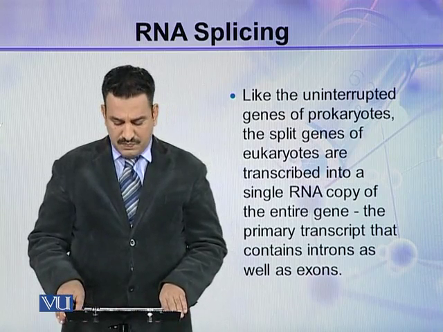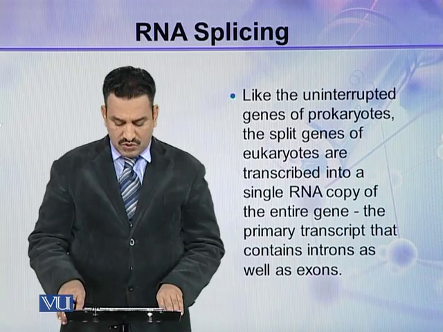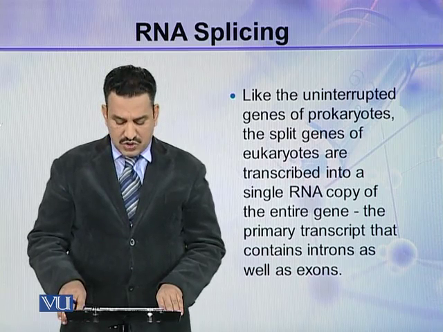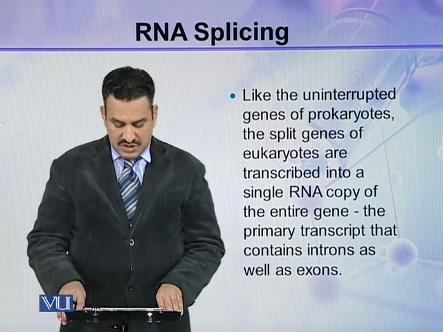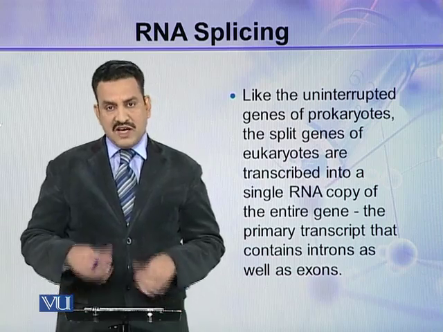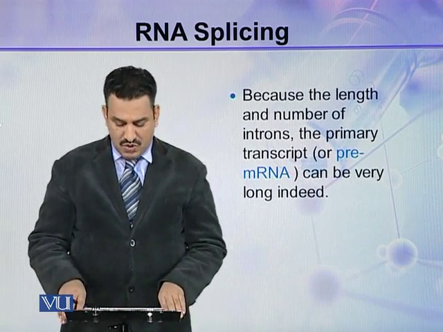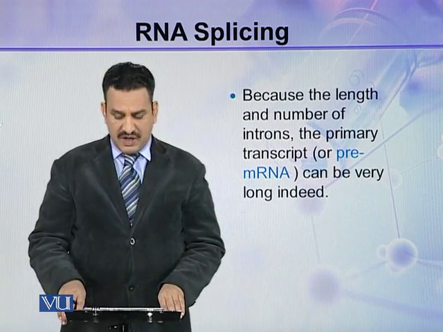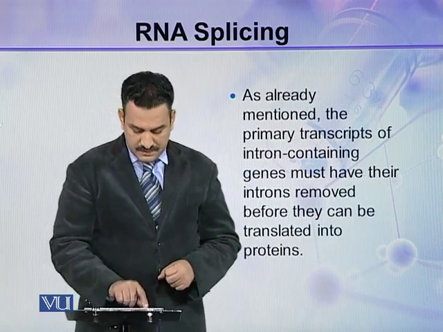Like the uninterrupted genes of prokaryotes, the split genes of eukaryotes are transcribed into a single RNA copy of the entire gene, the primary transcript, that contains introns as well as exons. The length and number of introns in the primary transcript can be very large indeed.